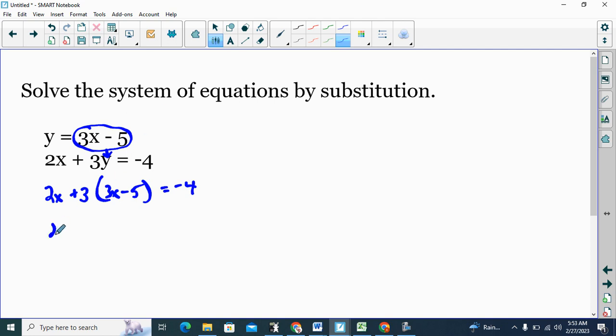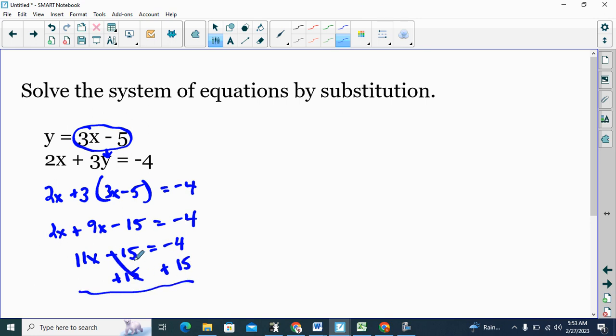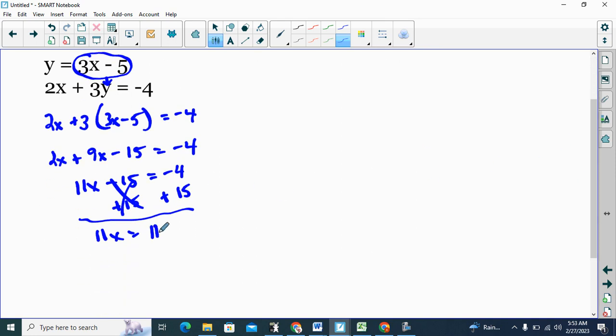Distribute your 3. 3 times 3x is 9x. 3 times negative 5 is minus 15. 2x and 9x make 11x. Add 15. I get 11x equals negative 4 and 15 make 11.